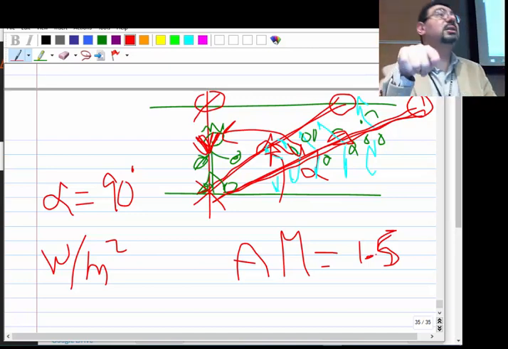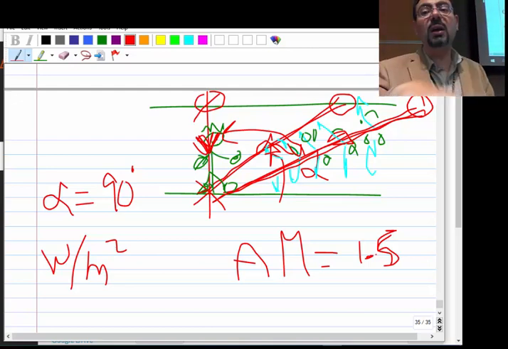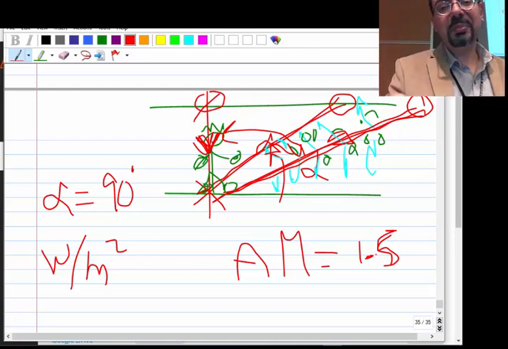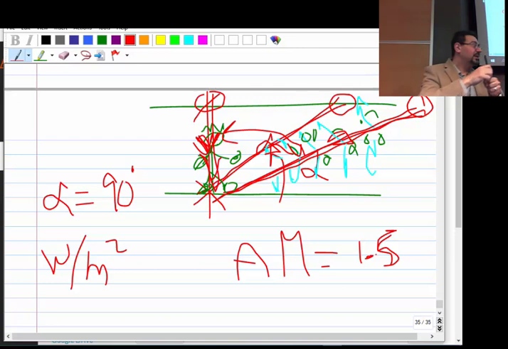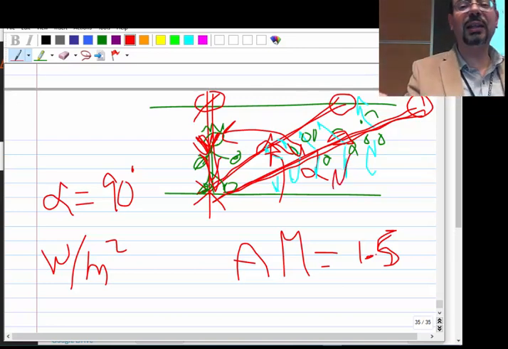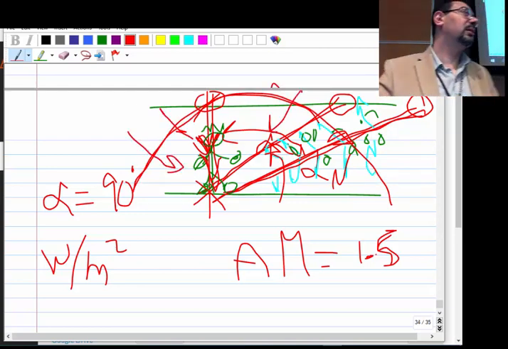No, the solar cell cares where the money is coming from, where the photons are coming from, because the direct radiation has an angle. The other radiation, the thing that gets scattered from the sky, comes from everywhere. It doesn't have an angle.